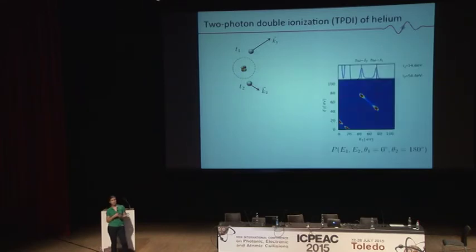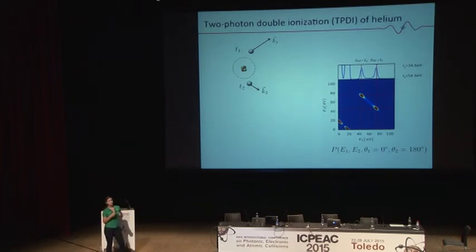So if we, for that, look at the energy distribution, so this is the spectral distribution of energy E1 and E2. When we first look at the integrated version here, we have this double peak structure for the sequential process, where we really can say this higher energetic peak here is due to the first electron emission, since the first ionization potential is lower, and the second peak here is due to the second electron.